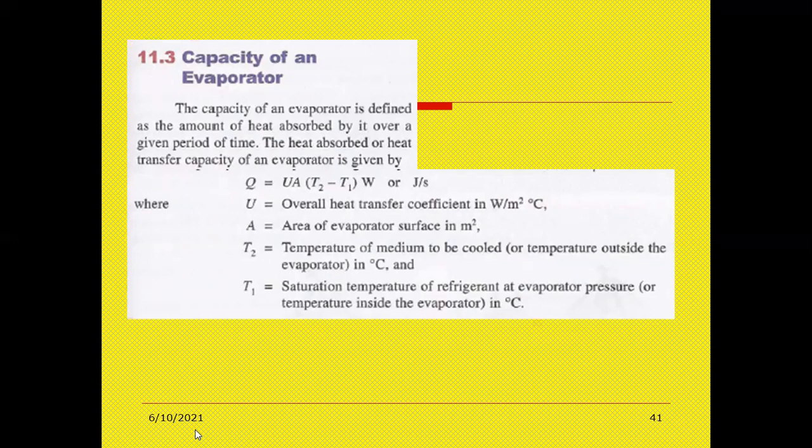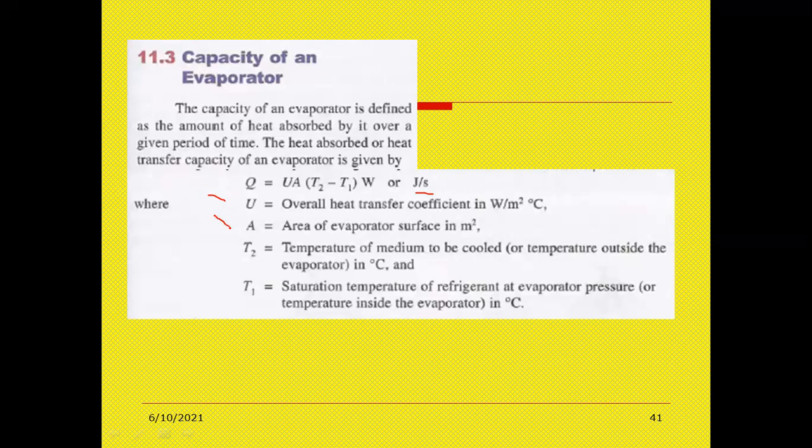So Q is equal to U into A into (T2 minus T1), in W or joules per second. Here, capital U is the overall heat transfer coefficient in W per m square degree centigrade.